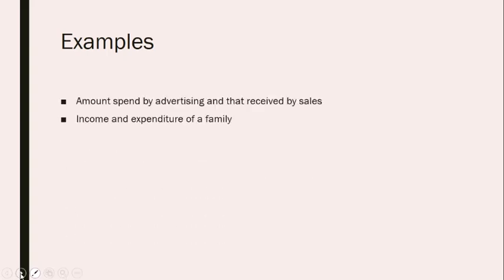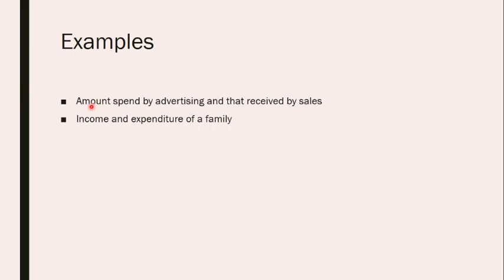Now let us consider some examples. The amount spent on advertising and the sales received is one example that I have to quote, and the other one is the income and expenditure of a family.